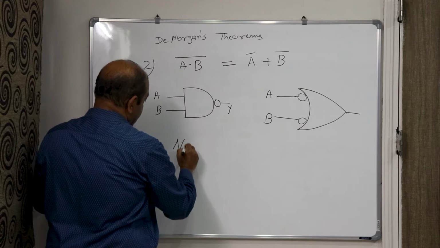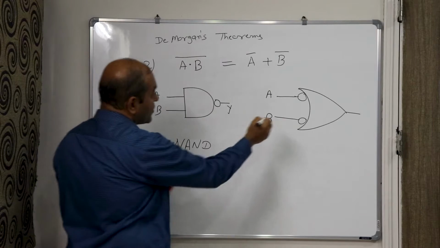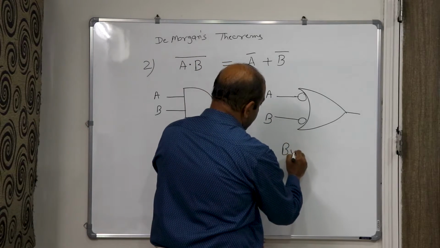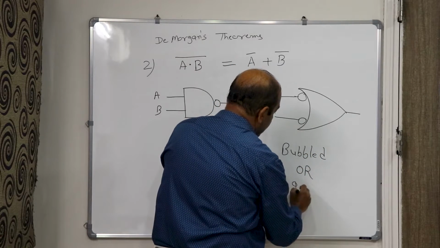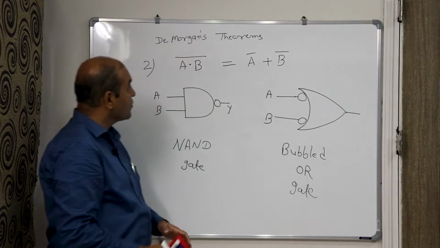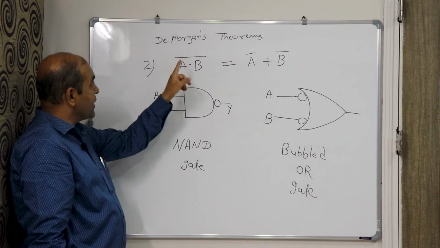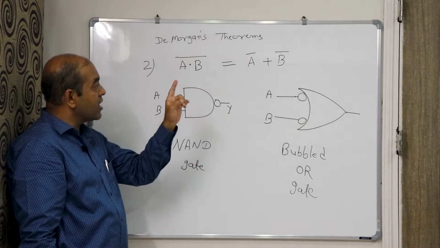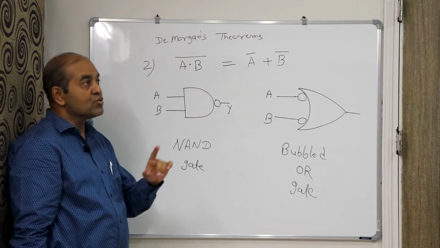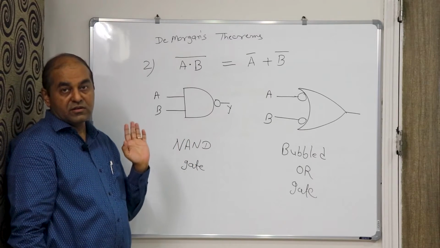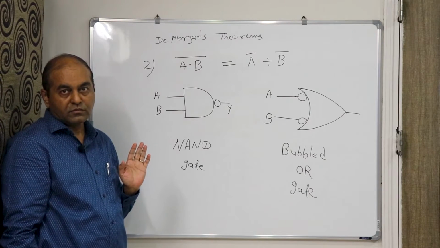This gate is your NAND gate, and this one is bubbled OR gate. This is theorem number 2. (A dot B) whole over bar equals A bar plus B bar. That means you can say that NAND gate is equivalent to bubbled OR gate. So theorem number 1 and theorem number 2, it's over. Okay.